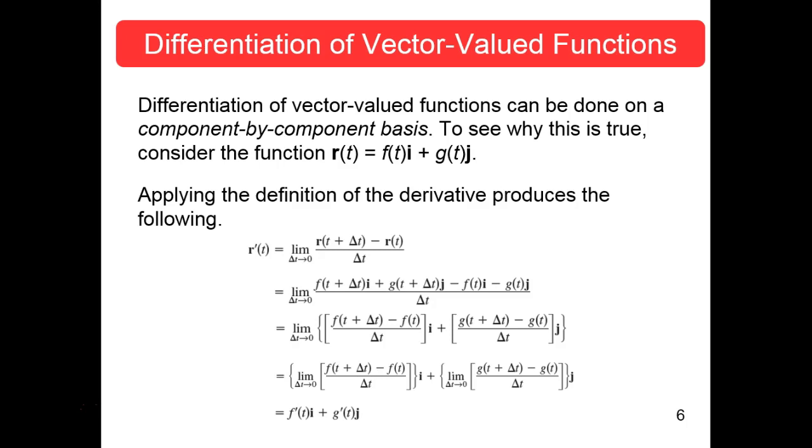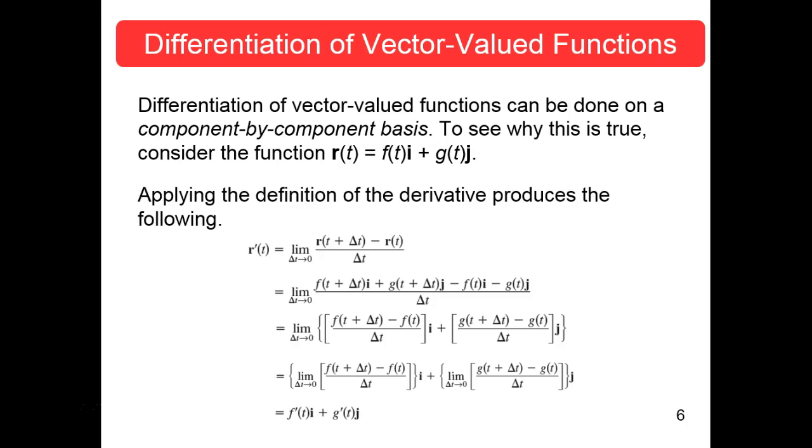If you expand this, this is f of t plus delta t i, this is g of t plus delta t j, this is f of t i, this is g of t j, but those are both minus.